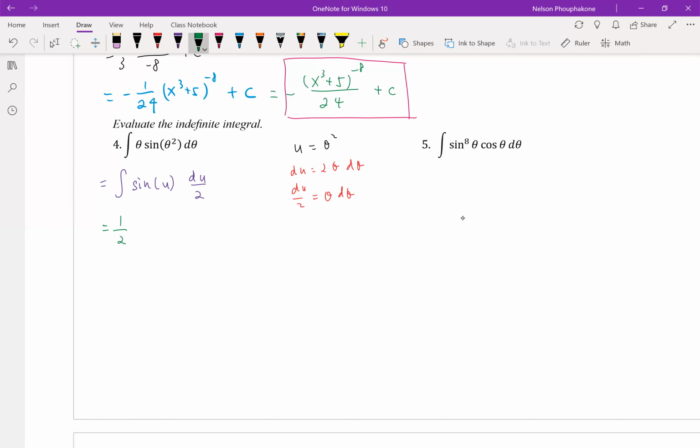Then of course I will have 1/2 sine of u du. And then we know that the integration of sine of u is negative cosine of u. And of course my answer will be, u is theta square.